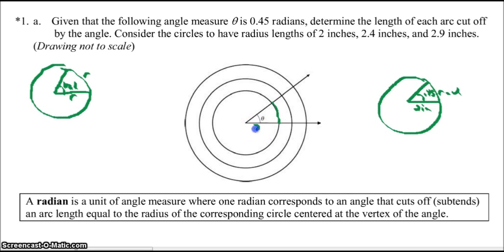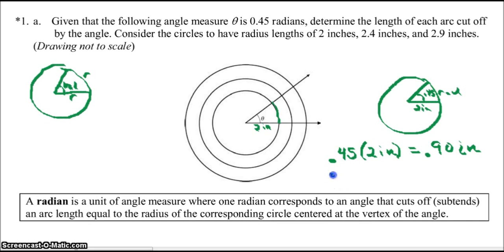If this is 2 inches, that's my radius, and theta is 0.45, that means this arc length is 45% of 2, or just 0.45 times 2 inches, which is 0.90 inches.